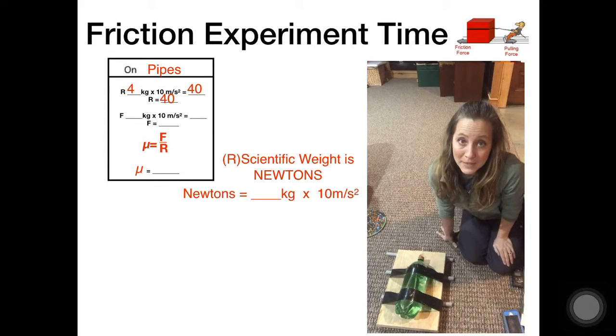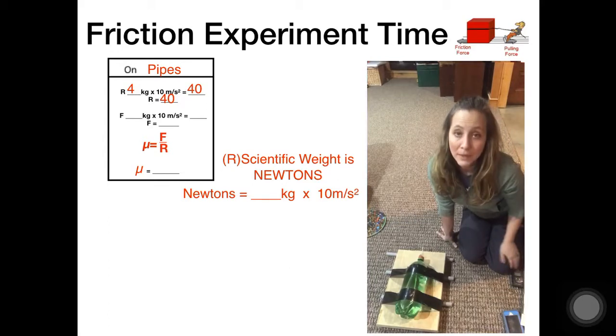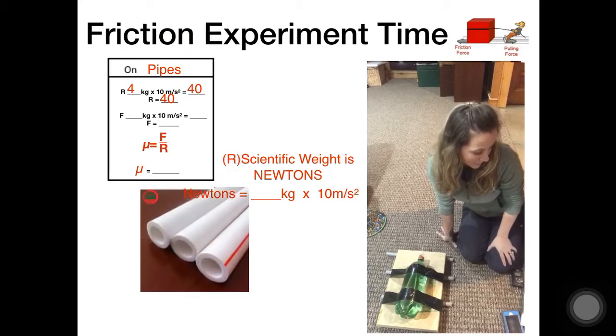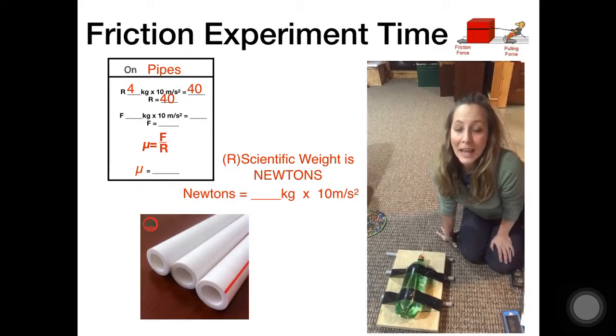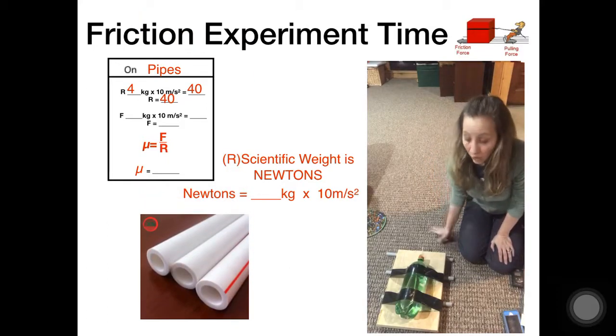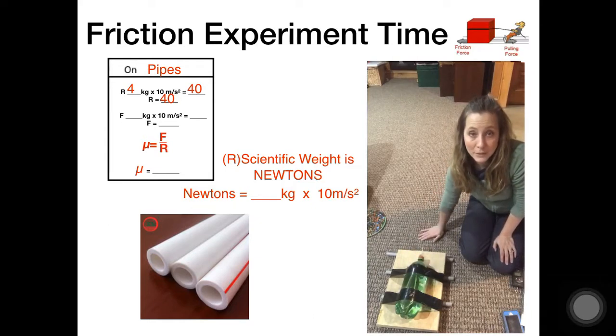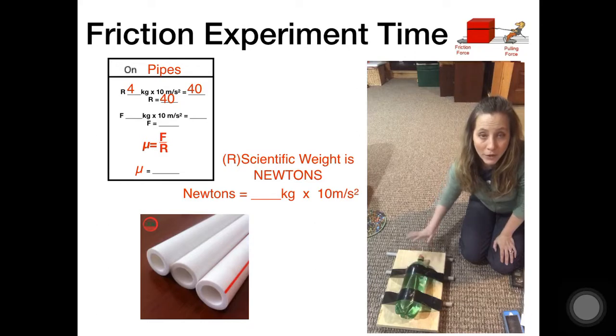So fill out pipes at the top of your second box there, and we'll bring in our pipe picture here, and we are going to pull our second experiment, our load weight on the pipes.